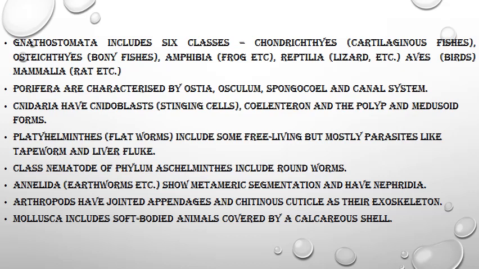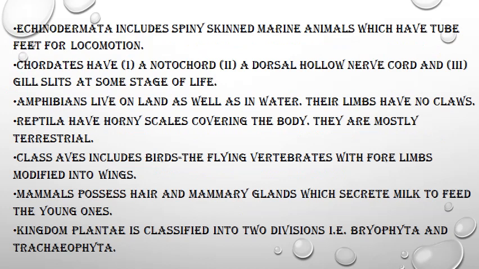Annelida shows metameric segmentation and have nephridia. Arthropods have jointed appendages and chitinous cuticle as their exoskeleton. Mollusca include soft bodied animals covered by a calcareous shell. Echinodermata includes spiny skin marine animals which have tube feet for locomotion.